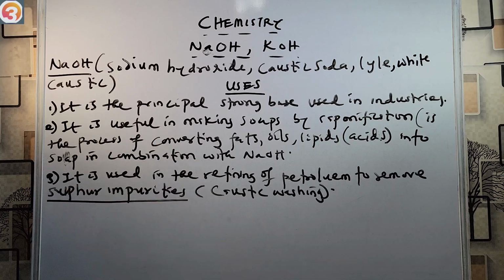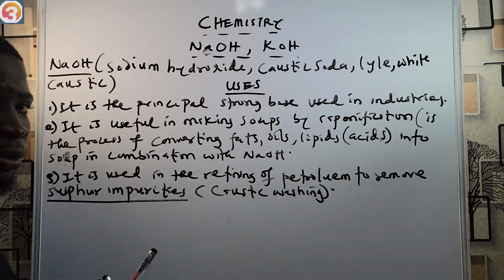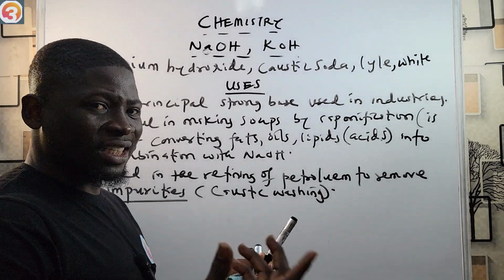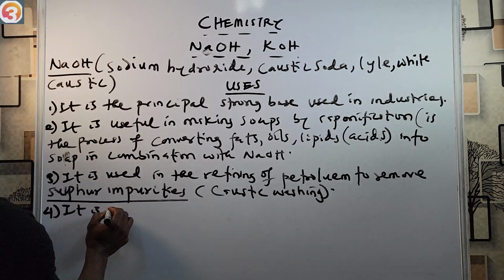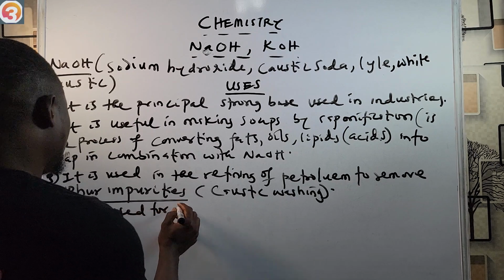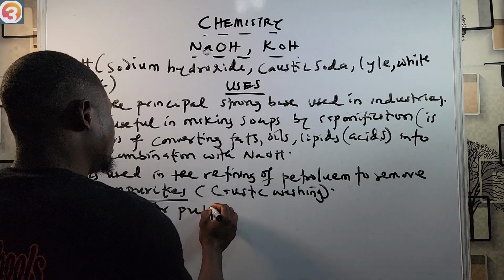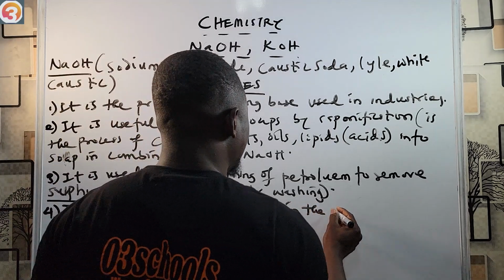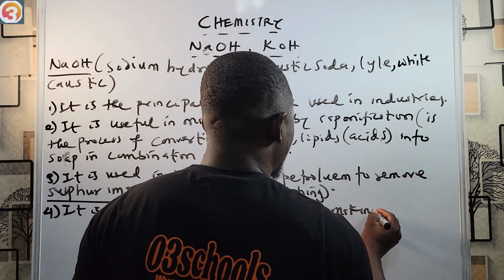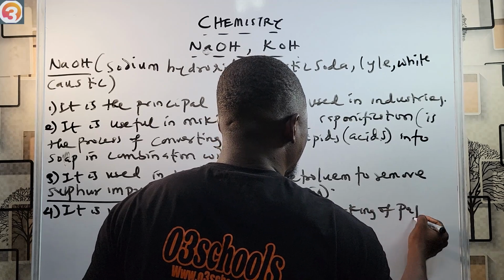Also, it's used for pulping wood in the making of paper. Number 4, it is used for pulping wood in the making of paper.